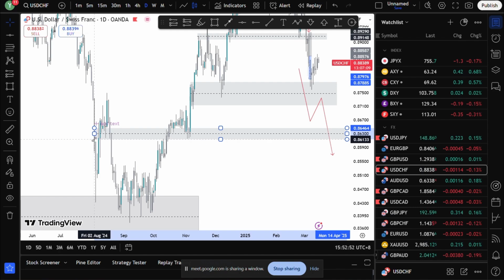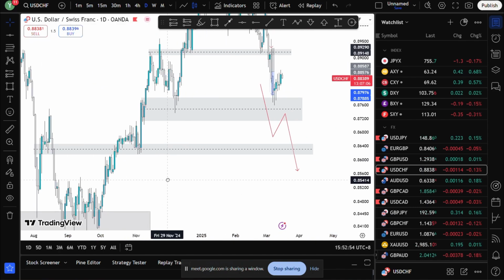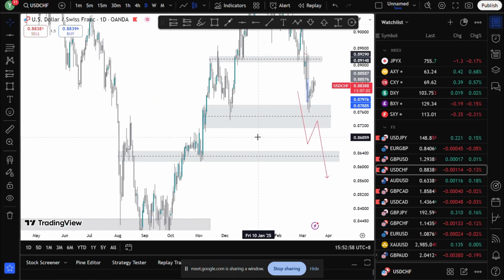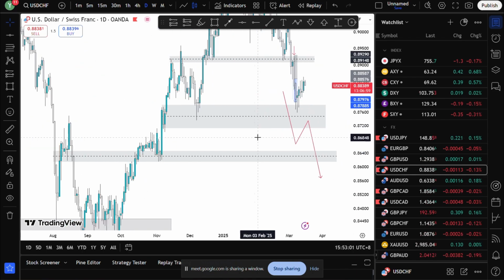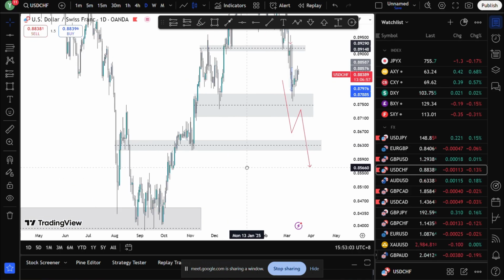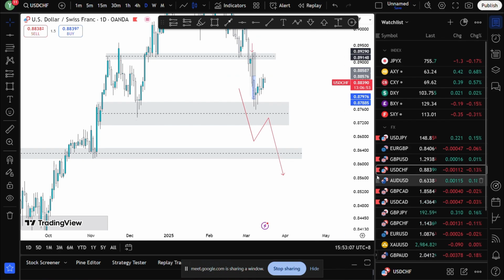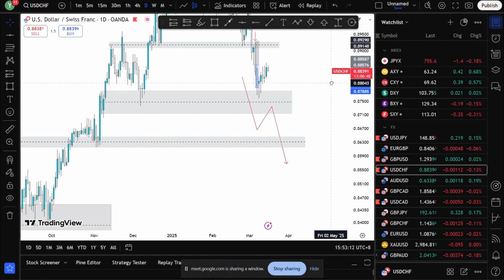To be specific, this one. Okay, this is my next zone, so I will wait for the price to break past this zone first, and only then will I look for a possible sell opportunity. For now I will just wait for the price to break past this zone first. I'm still looking for sell for USD CHF, so we will just wait first.